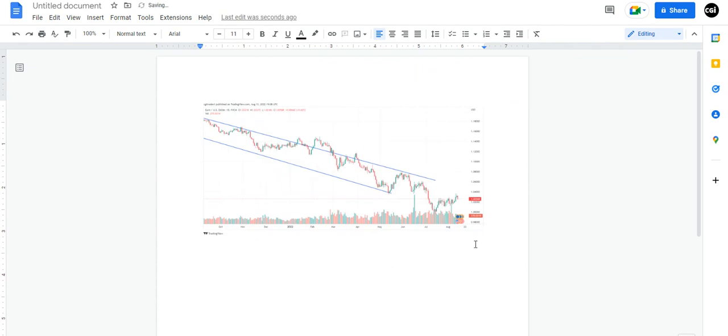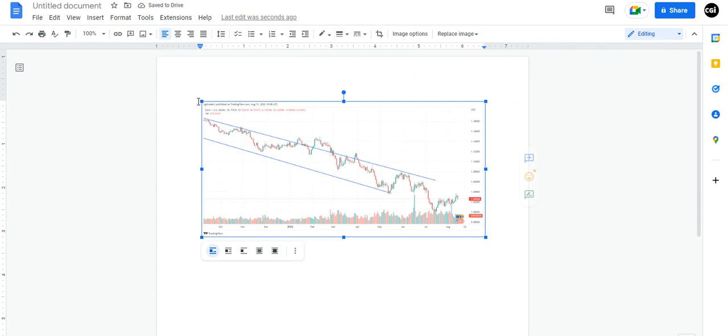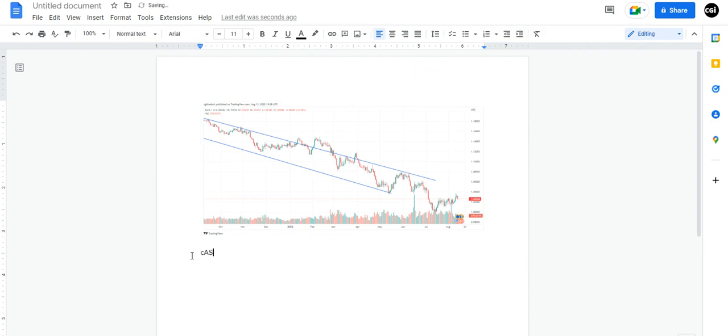And maybe I write number one first, case one, at the top of the document. Let me just write here, case one, trend line example on daily charts of Euro USD.